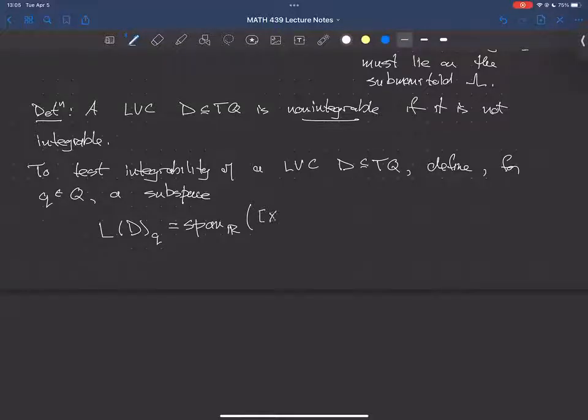So we're going to take x1, x2, and construct a Lie bracket of length k, involving xk minus 1 and xk.